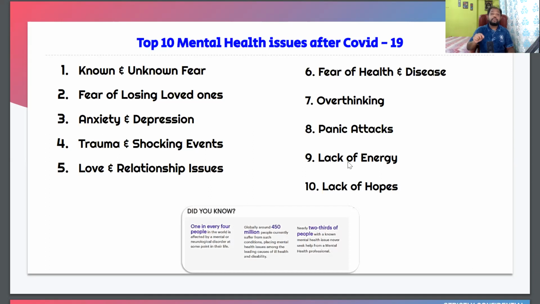Trauma and shocking events. Definitely, the fear of losing a loved one comes from the trauma and shocking events which happened during this pandemic. It was earlier at a very low percentage, but the percentage of such events got raised after this situation.